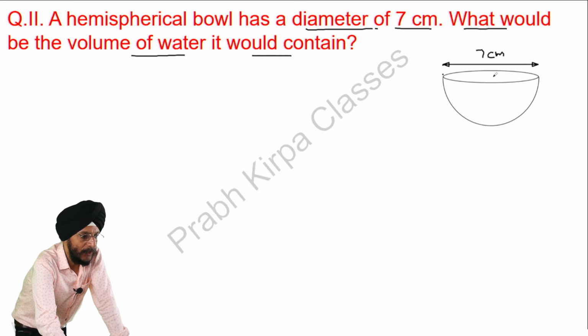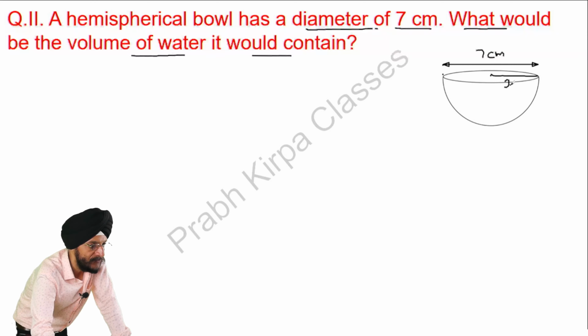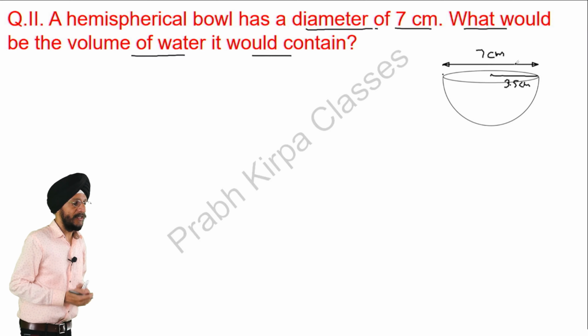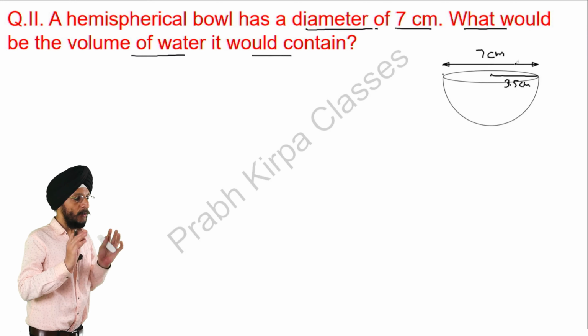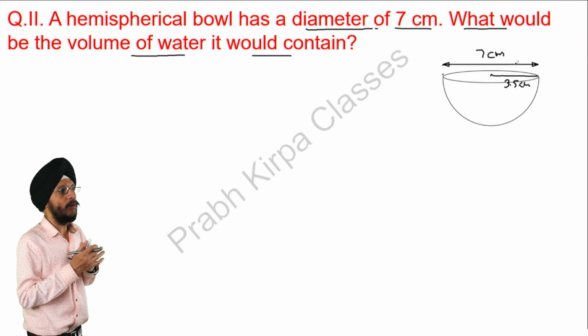For the purpose of calculation of volume, we will have to calculate the value of R. R means from the center point to this point. This is R, and it will be half of the diameter, and it will be 3.5 centimeter. Now what we have to calculate ultimately is the volume of water the hemispherical bowl would contain.